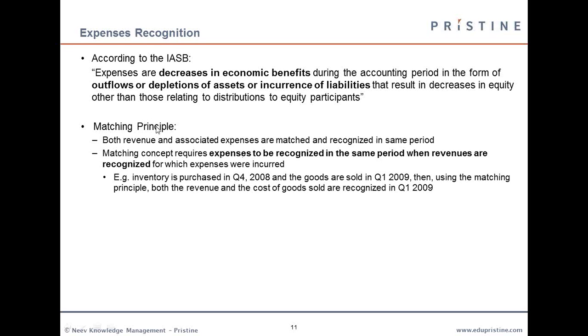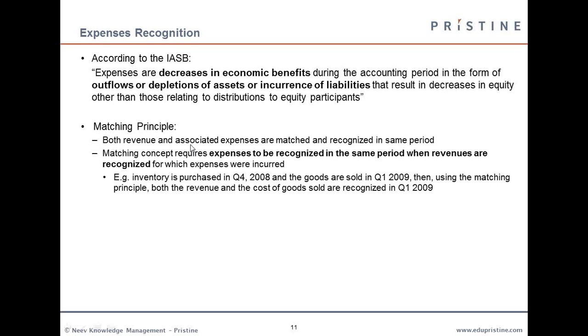Here, as I said, we have the matching principle to recognize expenses. Whenever you recognize revenue, the matching principle says that the associated expenses should be recognized in the same period. So here's an example.